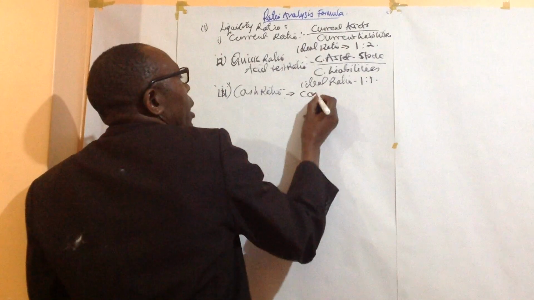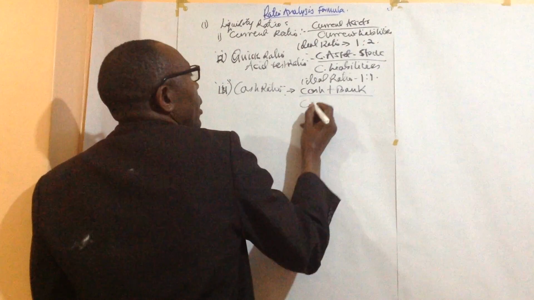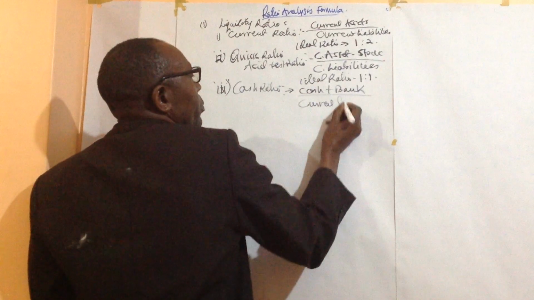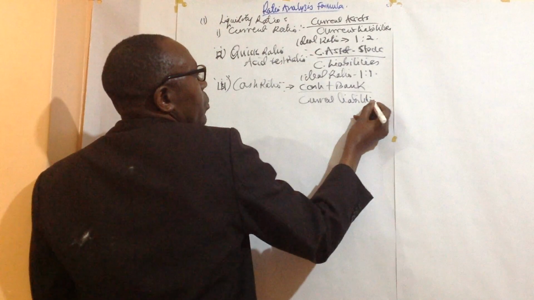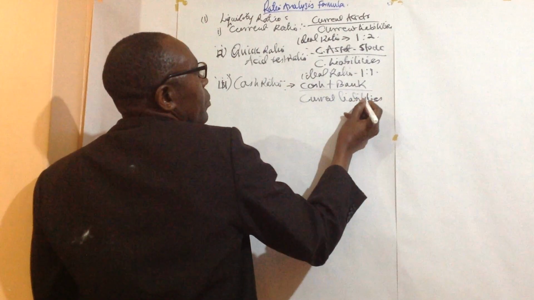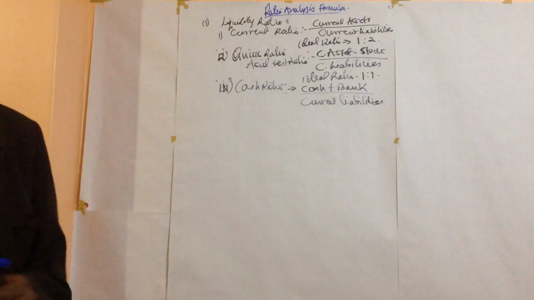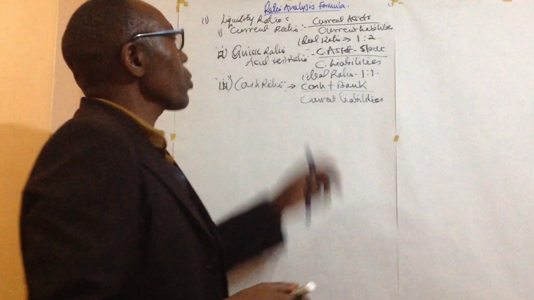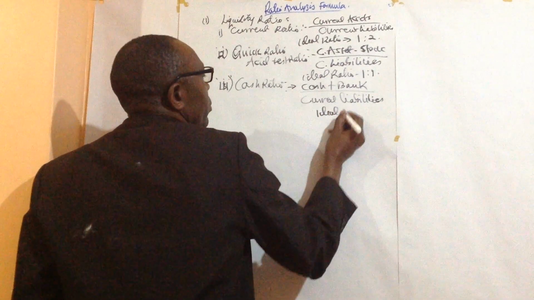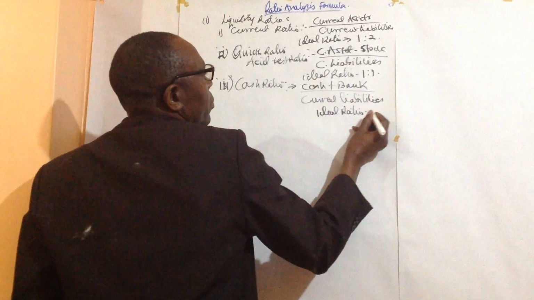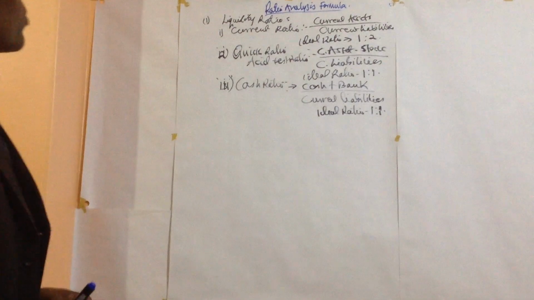We say cash plus bank over the current liabilities. So here also the ideal ratio is of course 1:1.